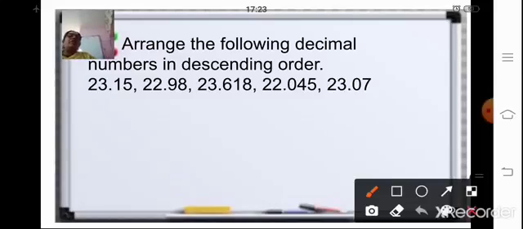To change them, first we'll find the maximum number of digits in the decimal part. So which is the maximum number? Again, here it is 3 digits in the decimal part. So first we'll change the first number, that is, 23.15 will become 23.150.